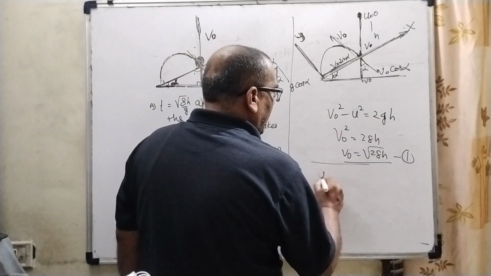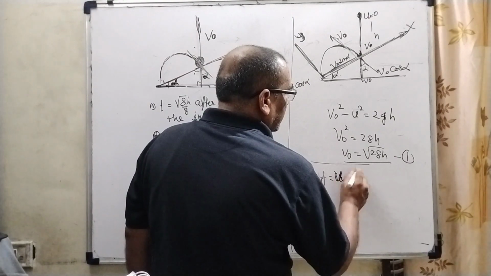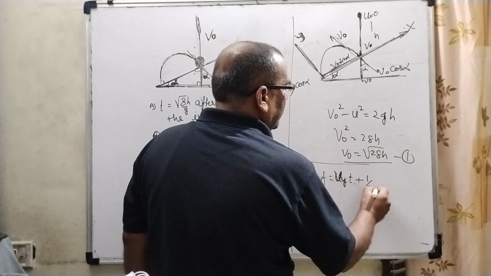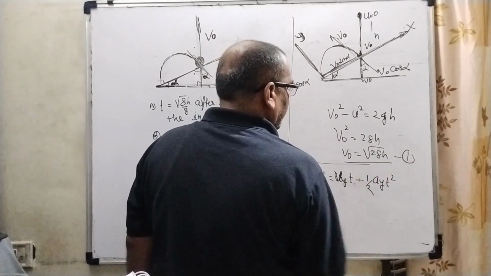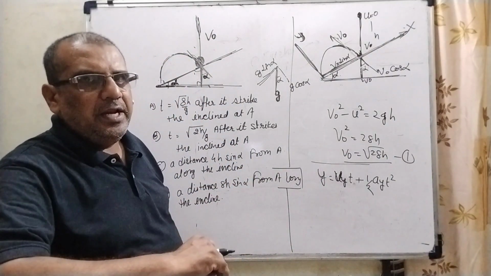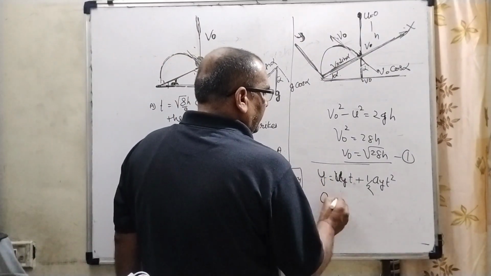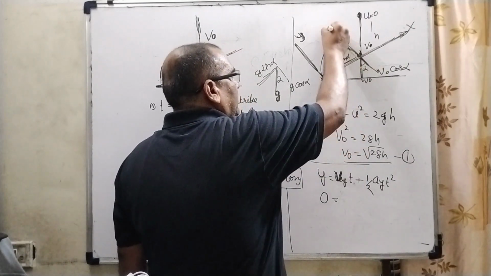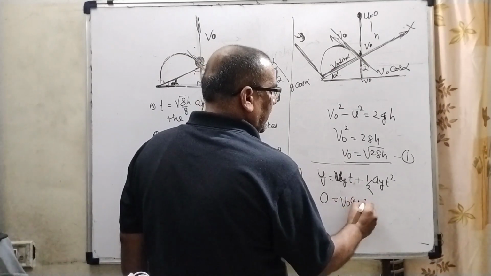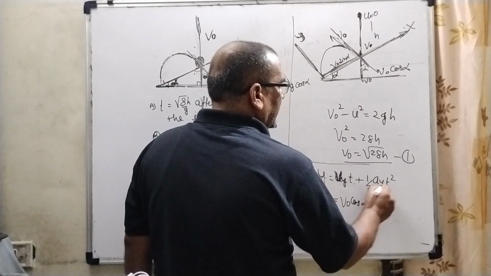y equal to vy times t plus 1 by 2 ay t square. But in this case, how can we calculate the time of flight? Because landing and takeoff are at the same level, y is 0. Here y is 0. And what is vy? The component is v naught cos alpha, times t, plus 1 by 2 ay.